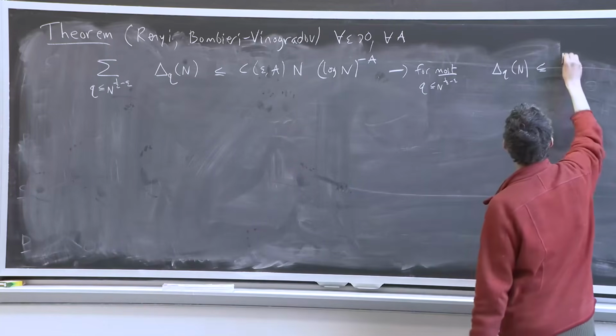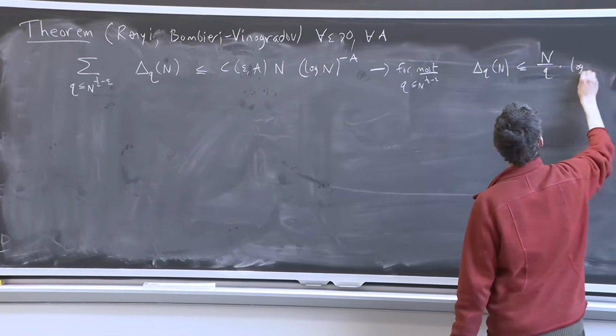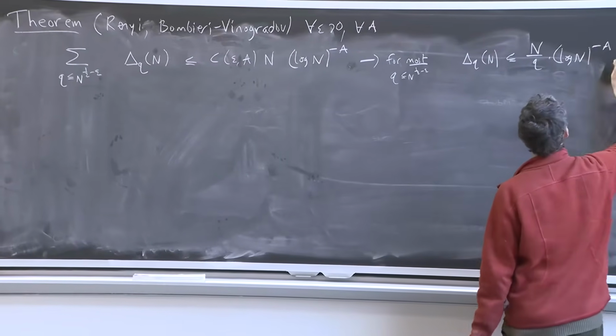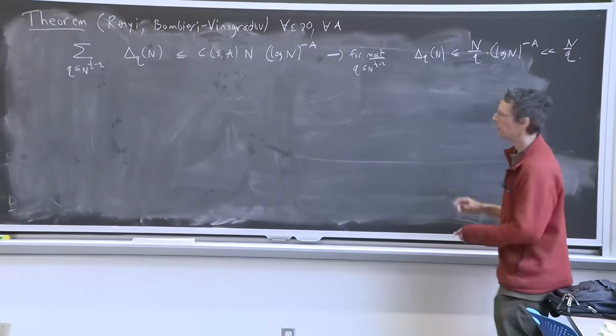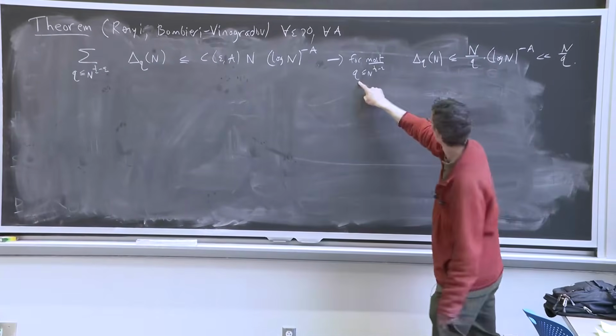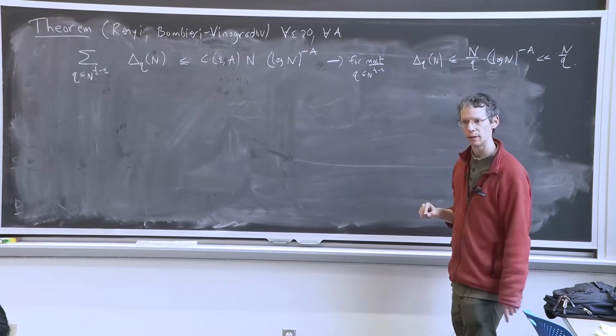And so I could put here n over Q log of n to the minus A, which is indeed much smaller than n over Q. So informally, for most Q, we get good equidistribution of the primes modulo Q.